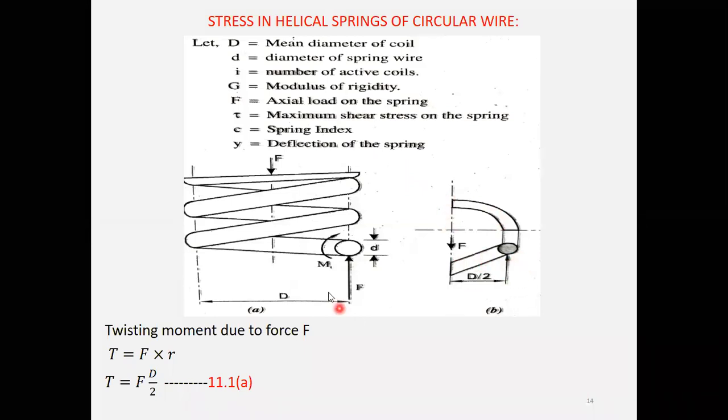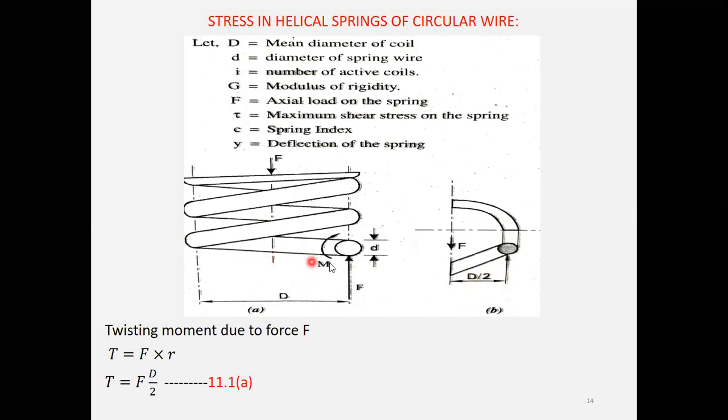This is the quadrant of a coil. I am going to consider the quadrant of a round wire spring, which is shown in figure B. If this is the total diameter, this will be d by 2.